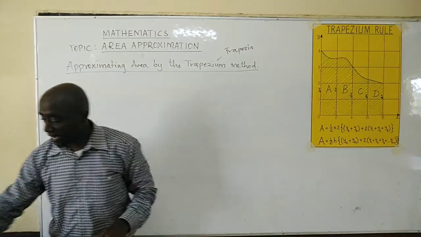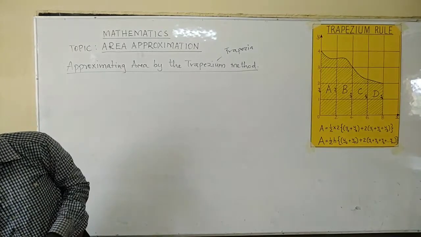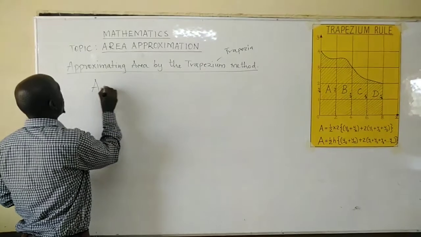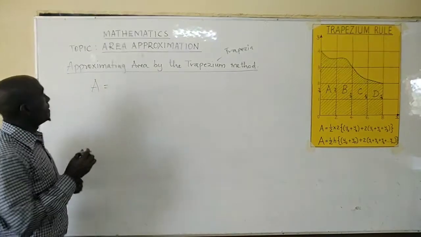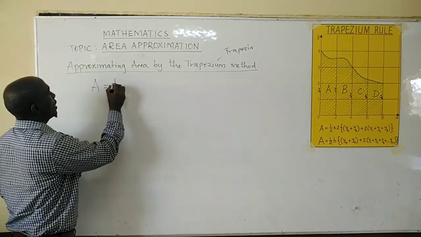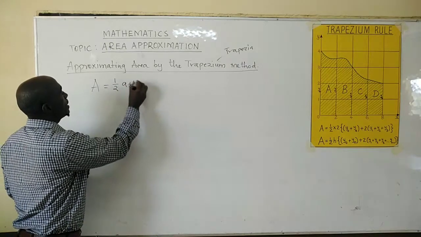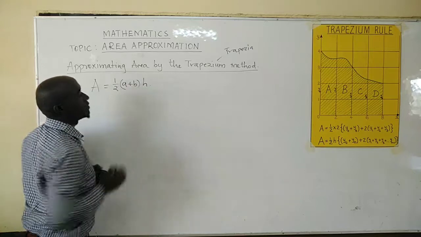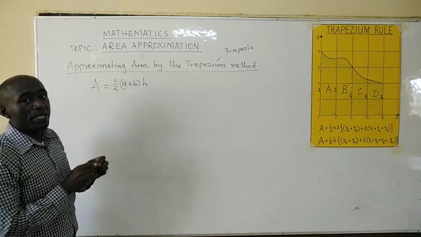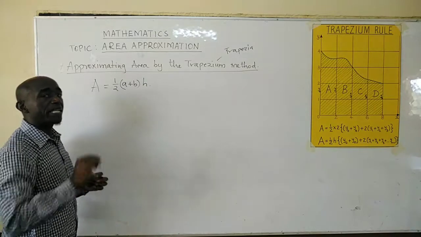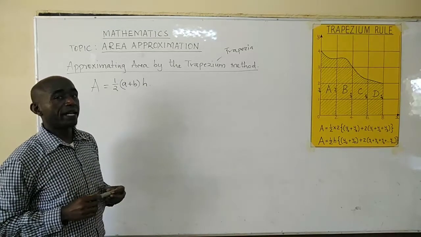Let's do that together, my dear learner. The first one here, first of all, what is the area for a trapezium? The formula for area of a trapezium is half times (a plus b) times h, where a and b are the parallel sides. h is the perpendicular distance between the parallel sides.